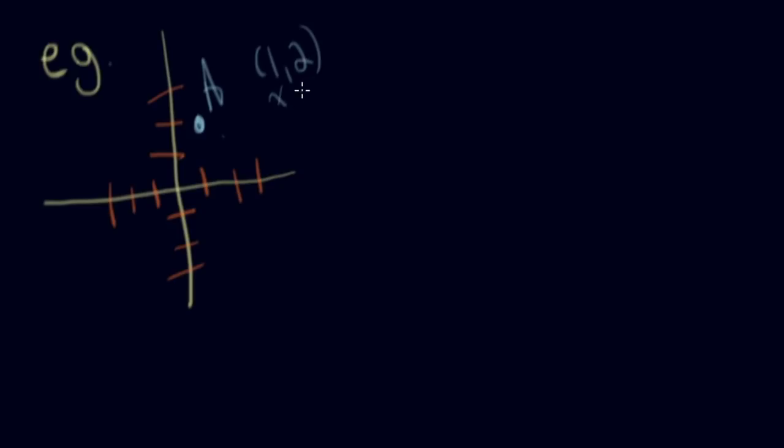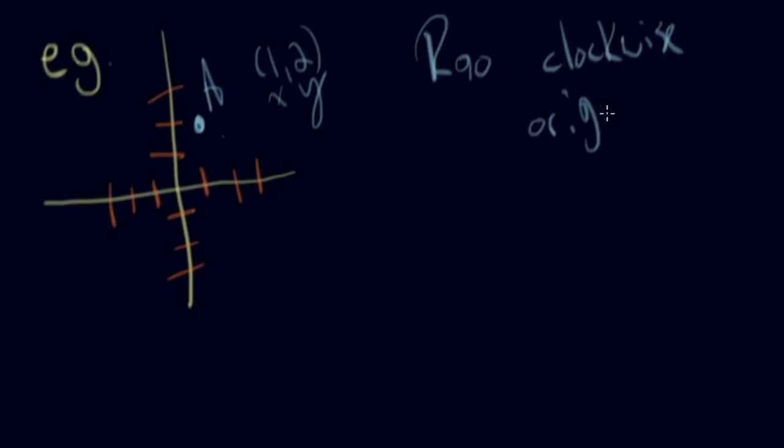Remember, that's your x, and that's your y. And I want to rotate 90 degrees clockwise, and it's going to be about the origin. You always need to remember that.